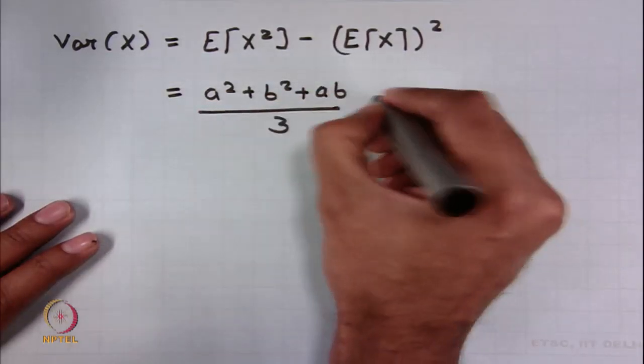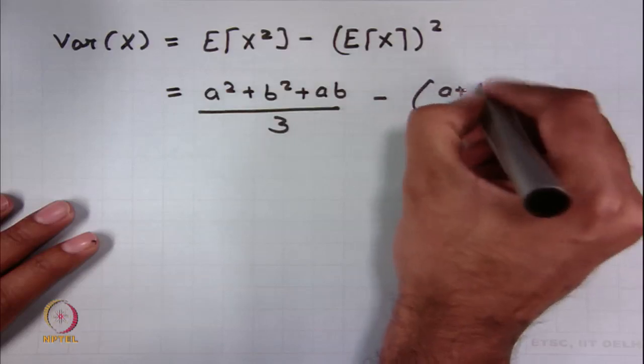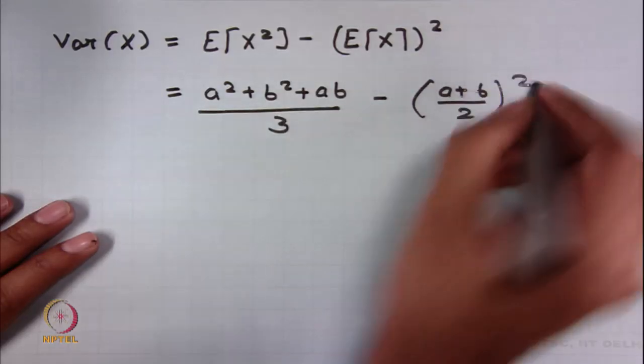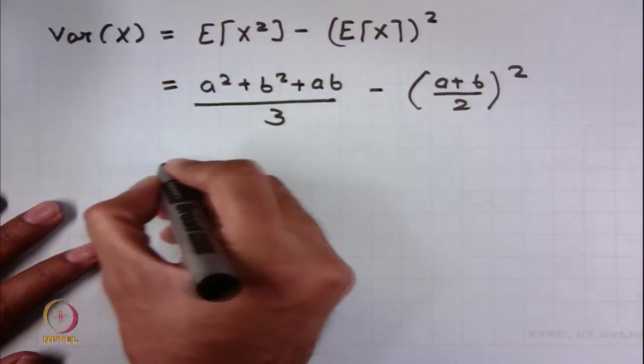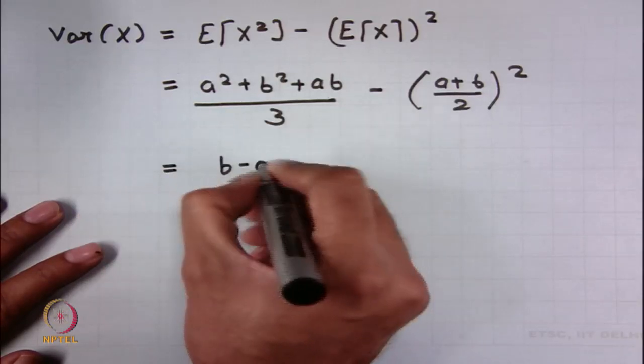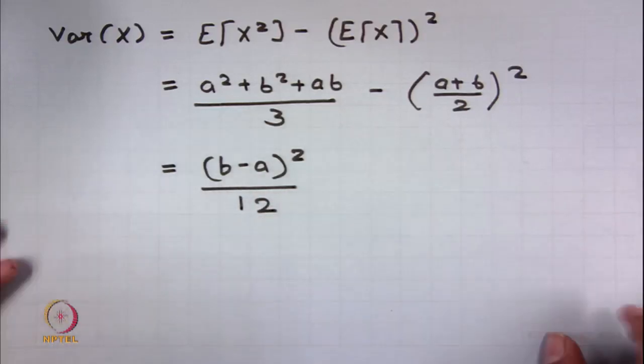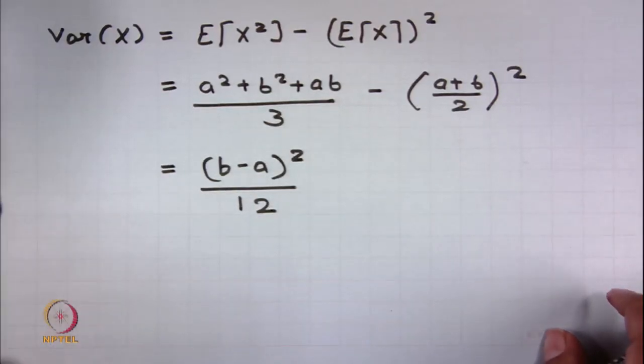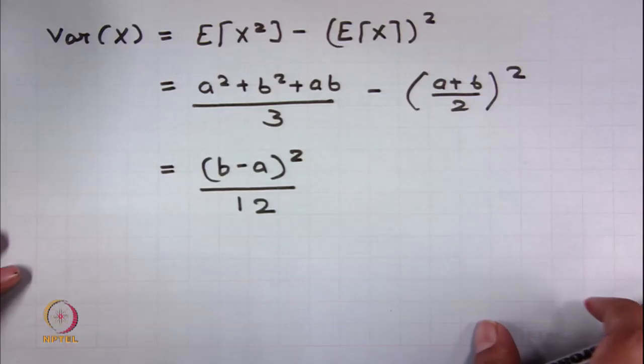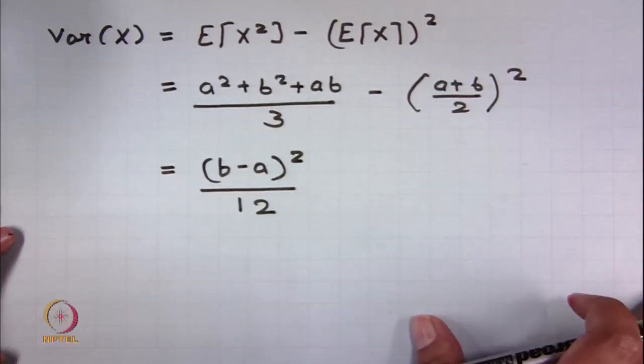We have also calculated the first moment, and simplifying this expression what we will get is this. Okay. So, we have calculated the variance of a uniformly distributed random variable.